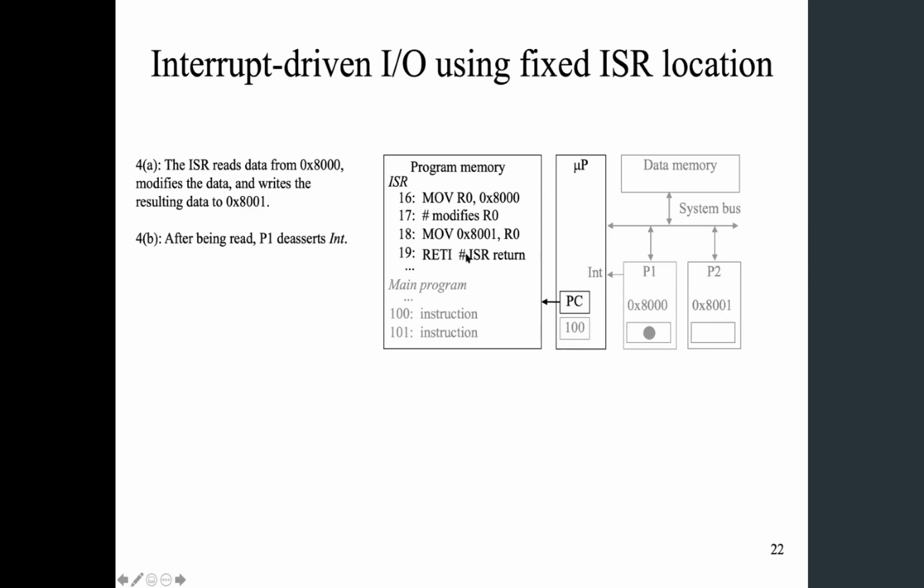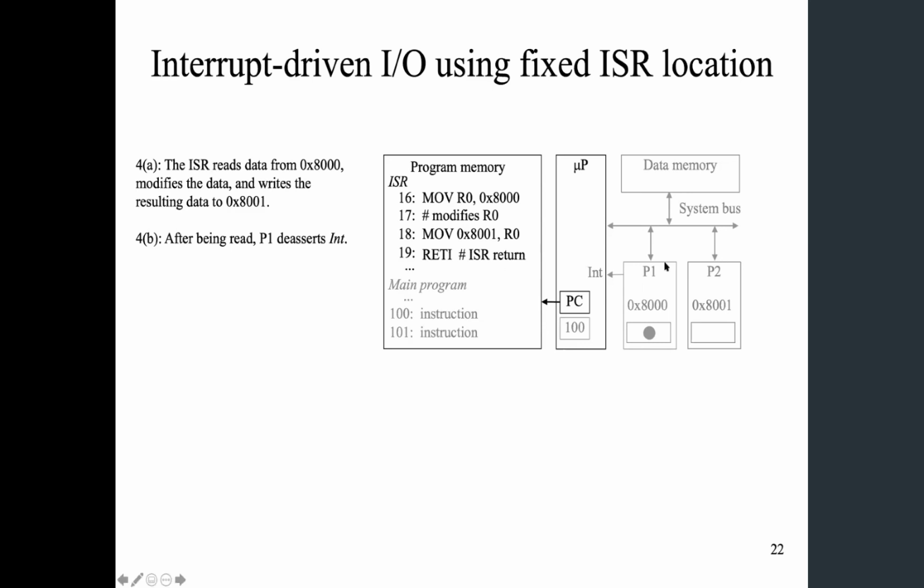And then this interrupt service routine returns. And while at this 16, because this is a read instruction, this will read data from P1. When you read, you actually assert the signal, so there will be a read signal asserted. So P1 itself knows when this microprocessor reads the data.